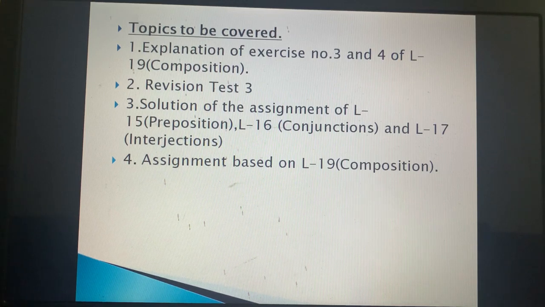Then I gave you an assignment in the previous lecture. Today we are going to discuss the solution of that assignment, which was based on chapters 15, 16 and 17 of grammar. Fine. And I'm going to give you the next assignment, which is based on chapter number 19, composition. Okay, so let's begin now.